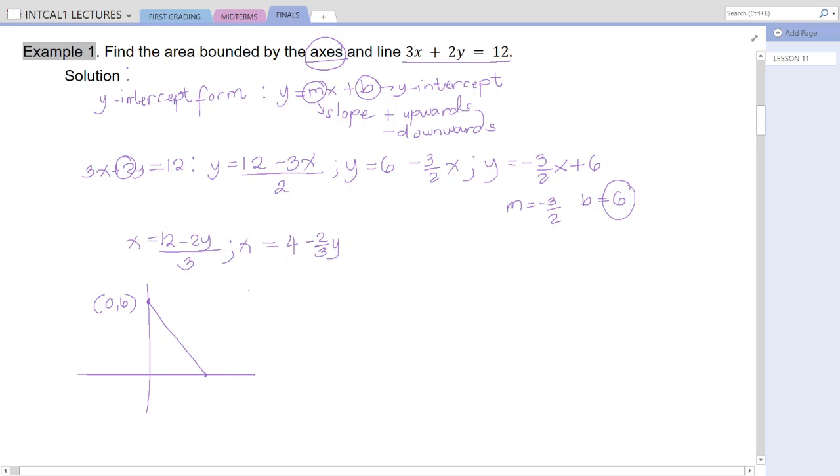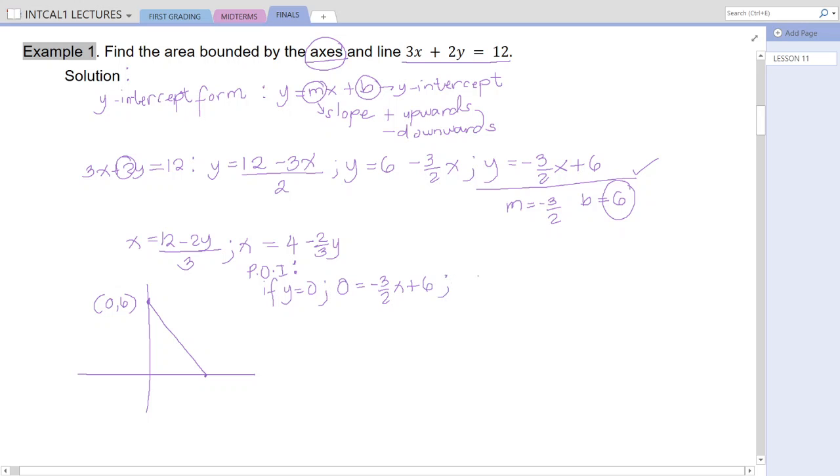To get the point of intersection, we have to substitute y is equal to 0, knowing the limits already. Substituting that into our equation, that is 0 is equal to negative 3 halves x plus 6.